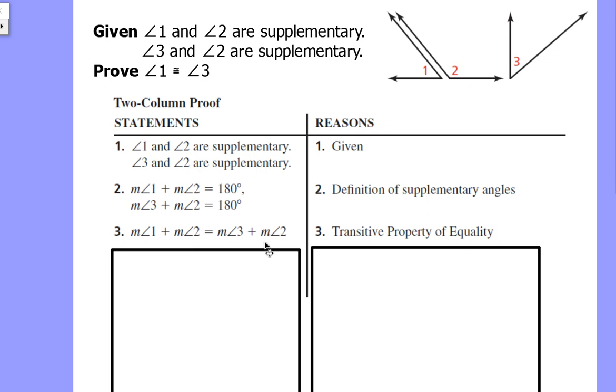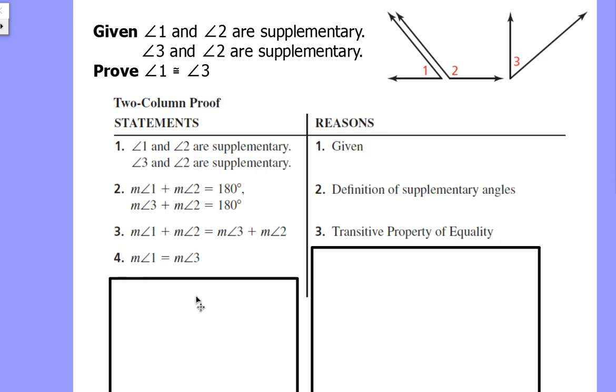Well, when you think about that, if there's the same value of something on both sides, and I technically get rid of it on both ends, did I change the truth value of the equation? No, I didn't. If I do the same thing to both sides of the equal sign, I keep the truth value the same. So if I want to show that 1 and 3 are congruent, I first need to show that 1 and 3 are equal in measure.